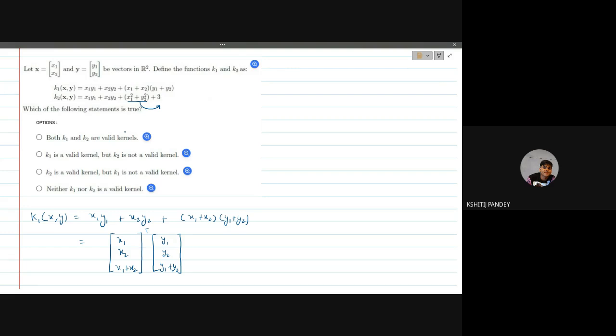So a shortcut is: if each term of the function can be factorized into a product of an x term and a y term, then you can split it into two vectors.